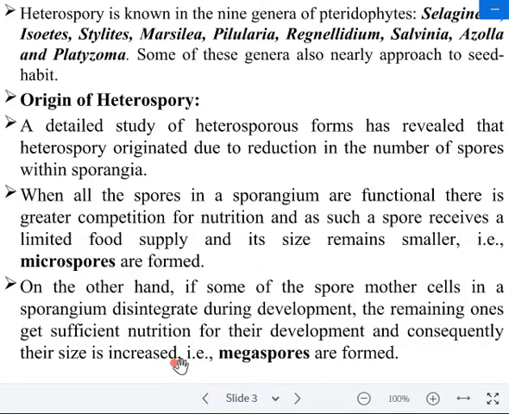You may say that according to some pteridologists, it is considered that heterospory originated in plants due to competition for nutrition among spores. As you know very well, the spores are produced within the sporangium. What happens during the development?